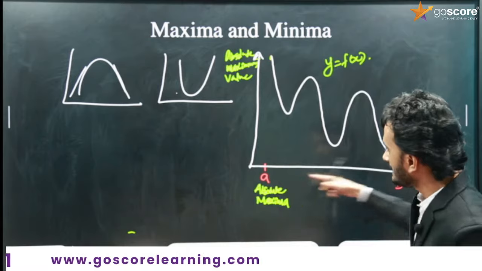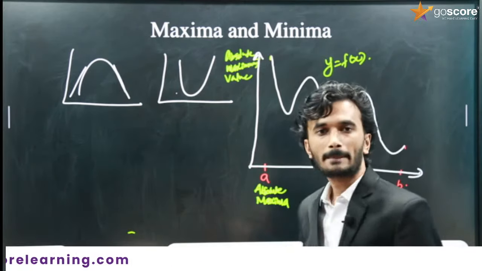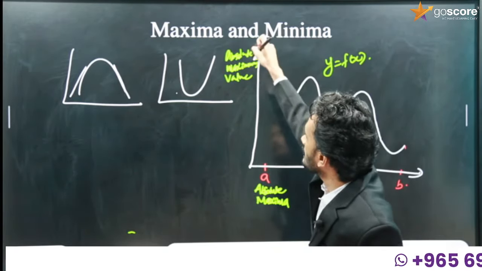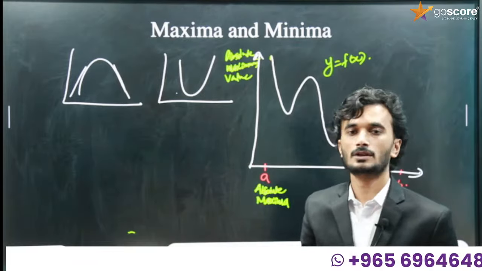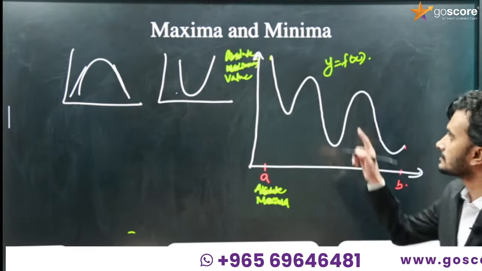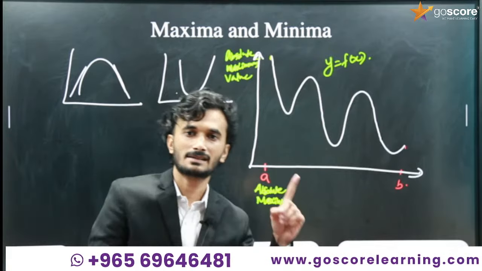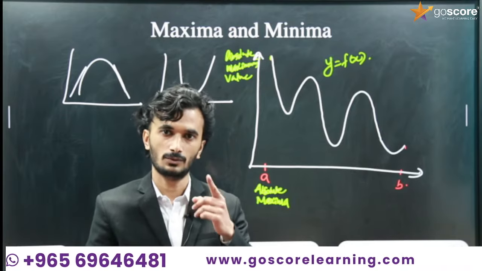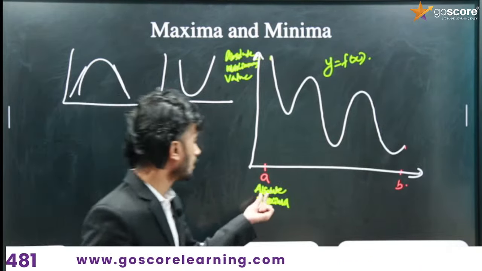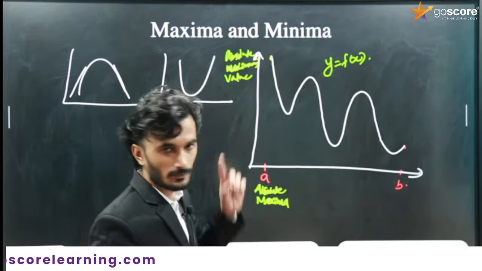Here in the x-axis, that point is called absolute maxima. In the y-axis, the highest value is called the absolute maximum value. In any graph, there is only one absolute maxima and one absolute maximum value.